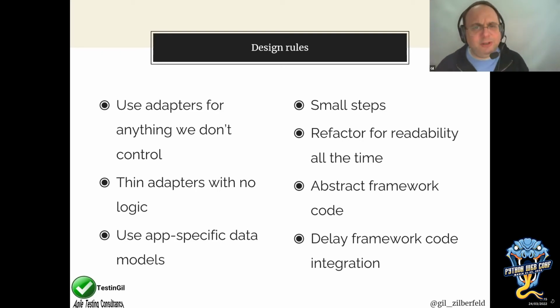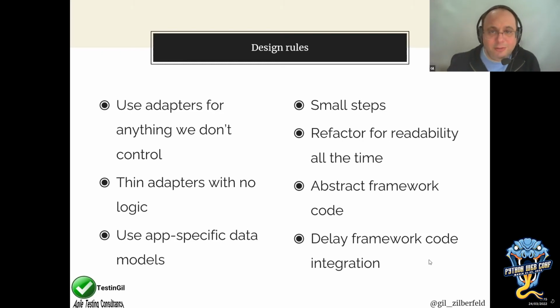The final thing, which I'm not going to show you today but you're probably going to experience, is how to delay framework code integration. We have an incentive to connect everything together. So we'll see that it's working, but there is code that I'd rather push for later and move on with my cycle so I can actually move forward and develop stuff.